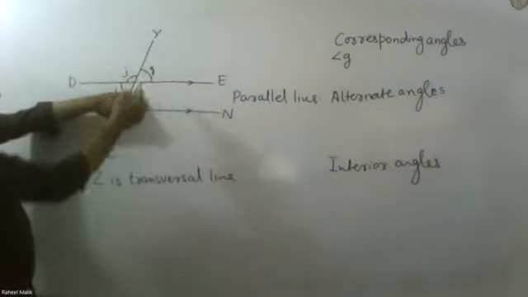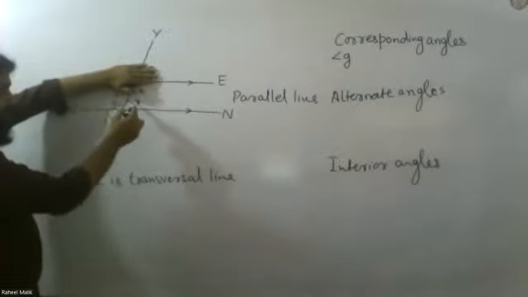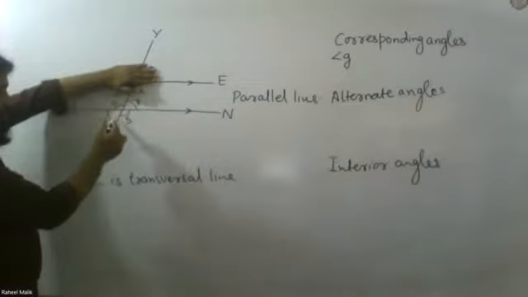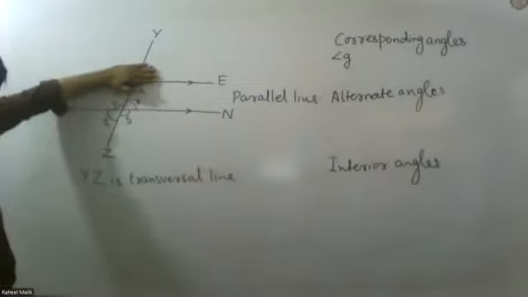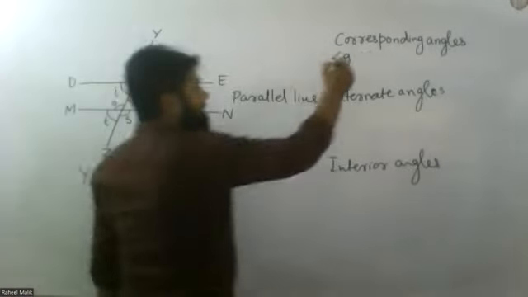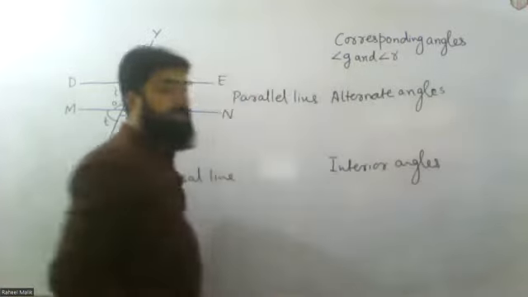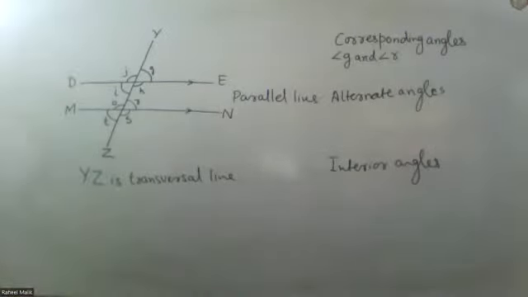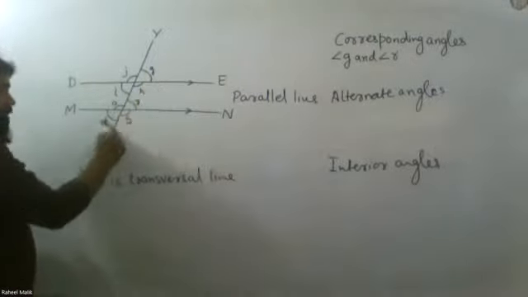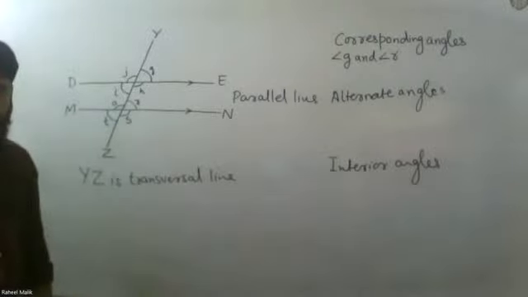Now, if I cover this and look at the other one, at the right top corner, what is given? Angle R is given. So angle G and angle R will be considered corresponding angles, because the location of G and R is the same.